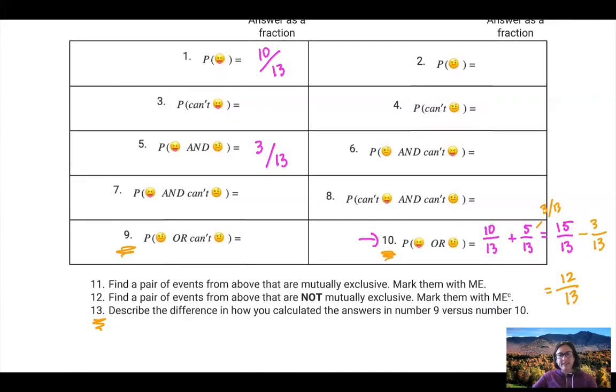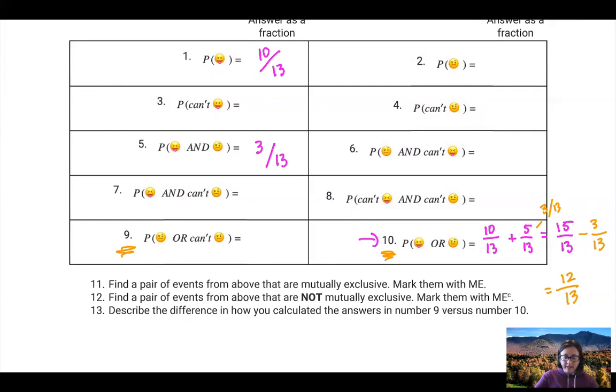A hint is it has something to do with being mutually exclusive. So remember, mutually exclusive means two things can't happen at once. So for example, in this, I can't be both a person who can roll my tongue and can't roll my tongue at the same time.